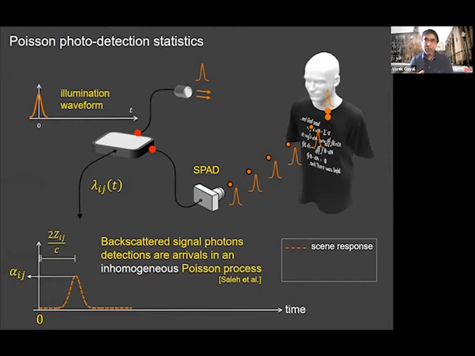From the quantum nature of light detection, what we're actually seeing is an inhomogeneous Poisson process. The rate function of the Poisson process in the absence of background is a scaled and time-shifted version of the illumination waveform. It has a time shift depending on the depth Zij and amplitude depending on the reflectivity alpha ij.